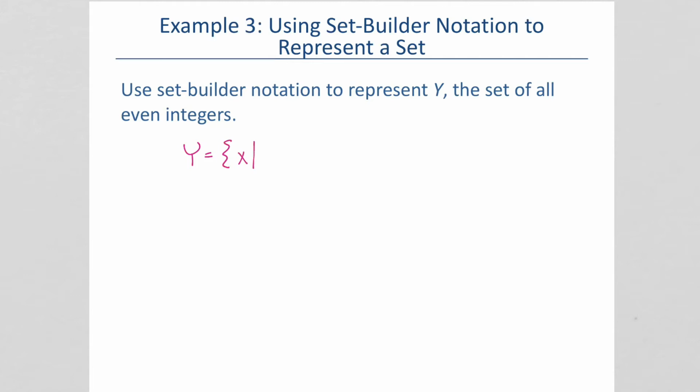X such that. Okay, that's what that bar there means for us. X such that X is an even integer. There's several ways we could write it, but it has to have braces with that X such that. And that's how we write the notation for an infinite set.